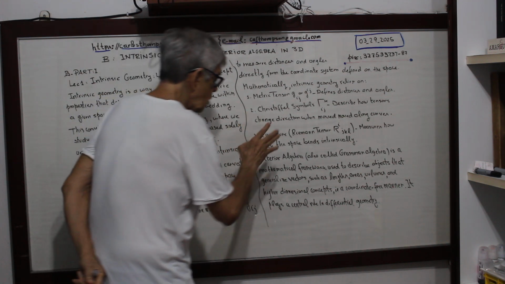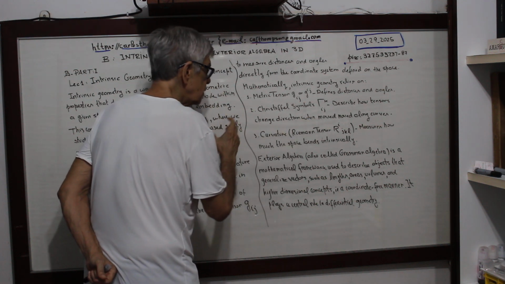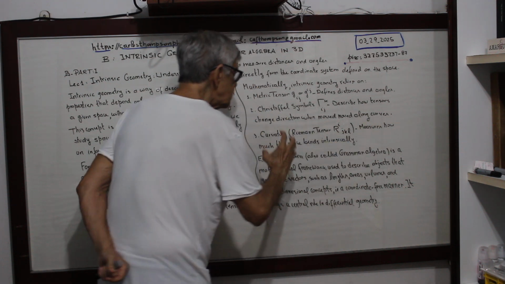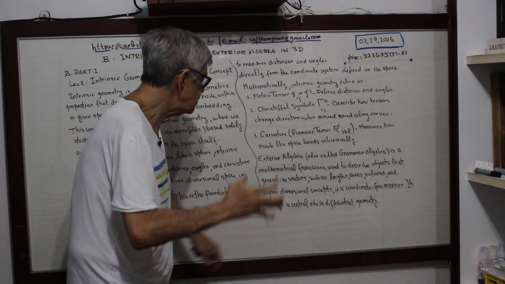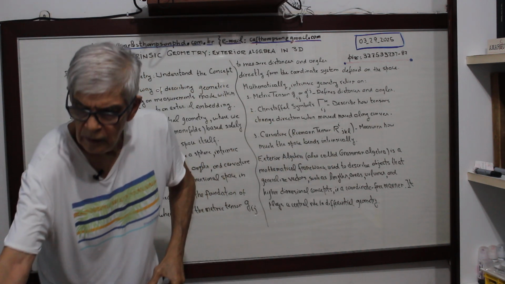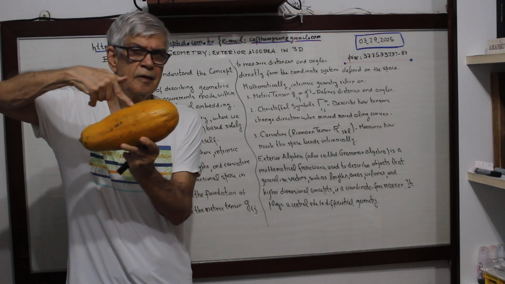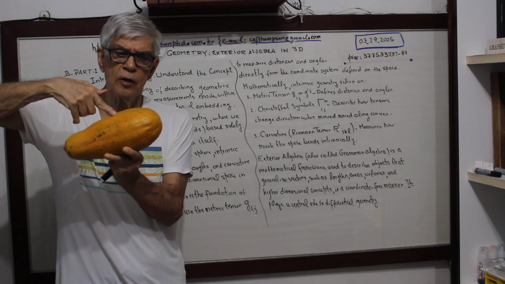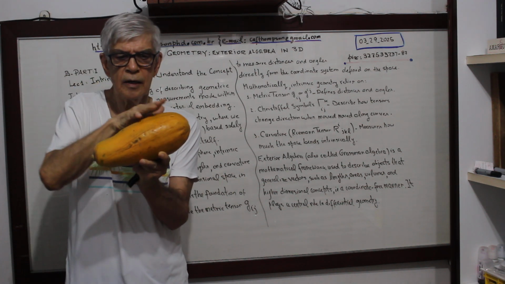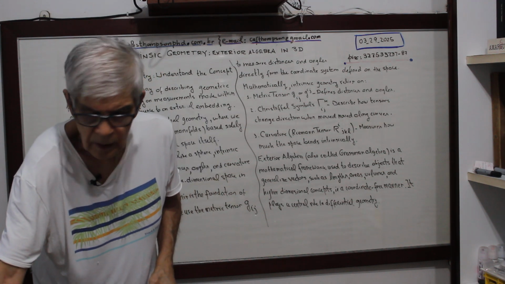What does the curvature do? It measures how much the space bends, in this case intrinsically. So the Riemannian curvature at this point is completely different from the Riemannian curvature at that point. Here I have one curvature, here I have another curvature. That's important.